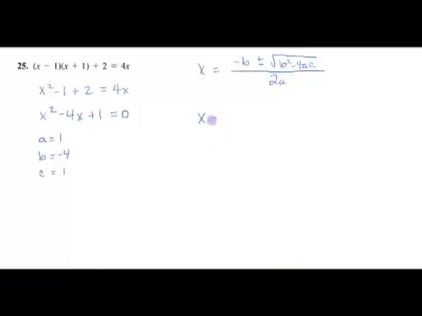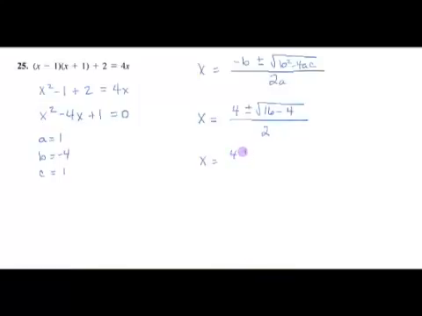So x is negative of b, so negative of negative 4 is positive 4, plus or minus the square root of b squared is going to be a positive 16, minus 4 times 1 is just 4, all over 2 times a, so just a 2 there.